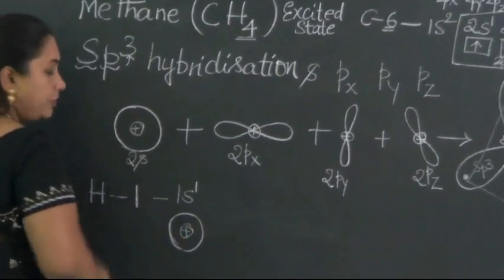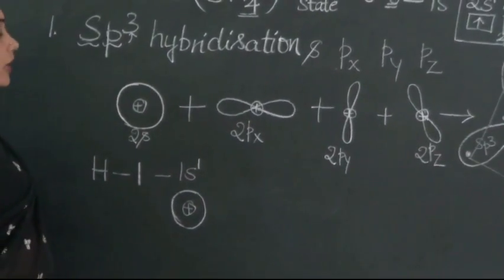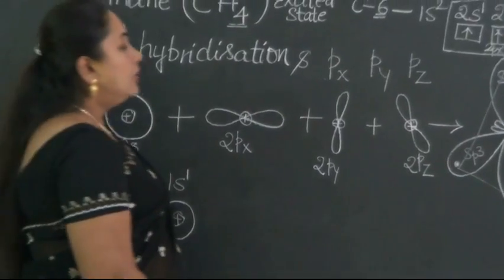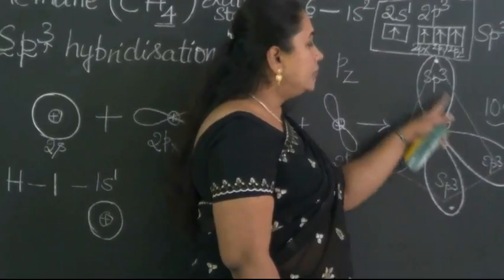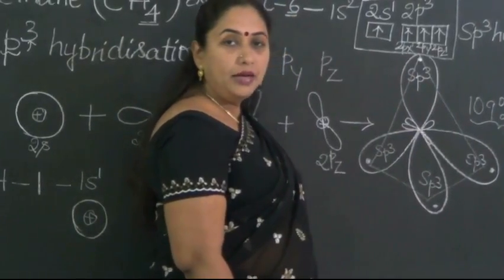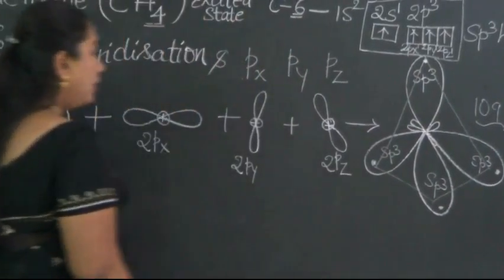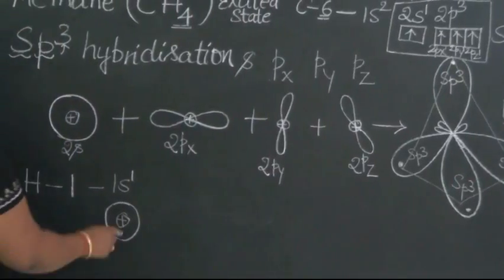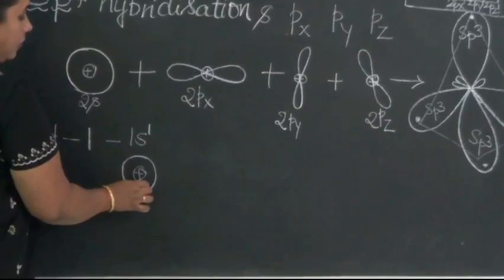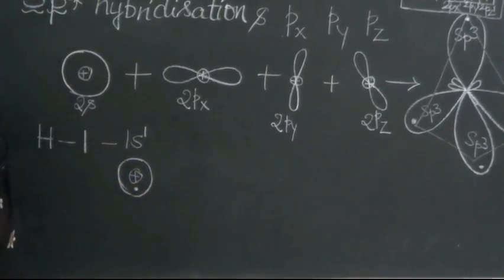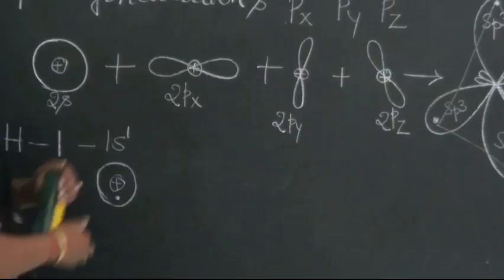So 4 such spherical orbitals will come and overlap head on with each of these sp3 hybrid orbitals. And also remember, these spherical orbitals of hydrogen contain 1 electron each.